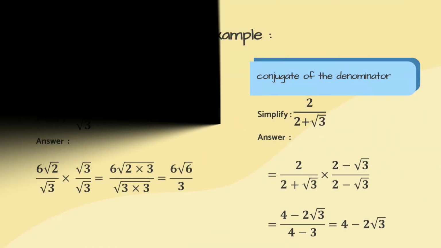The numerator and denominator of this fractional multiplier can be same numbers as in the denominator of the original expression or conjugate of the denominator. Conjugate means the same numbers but the opposite sign in the middle. To give you clearly information, just check it out.